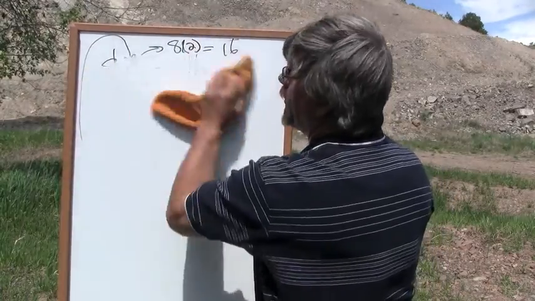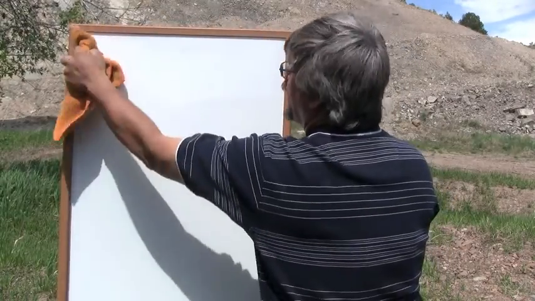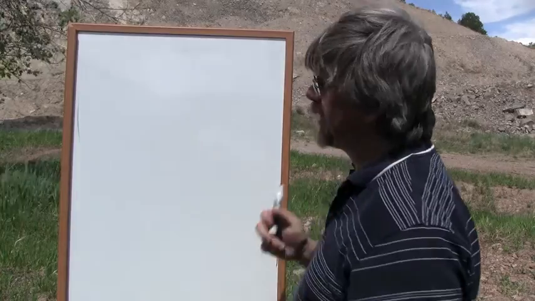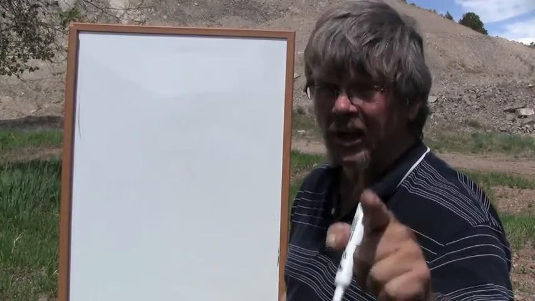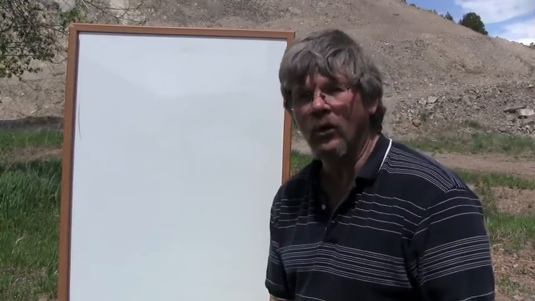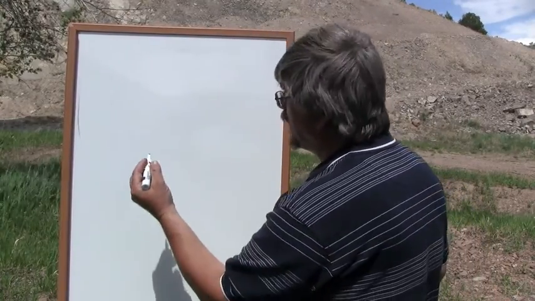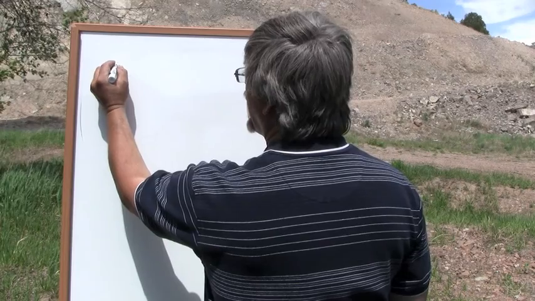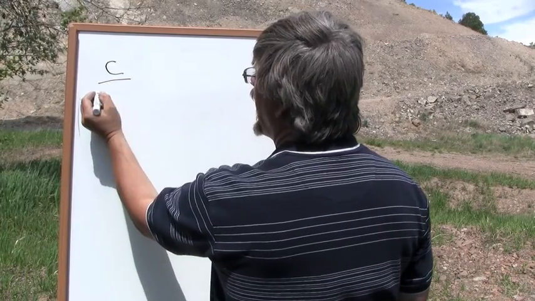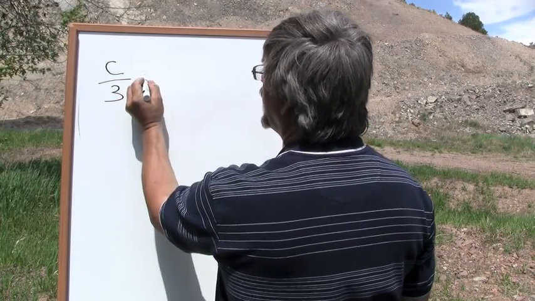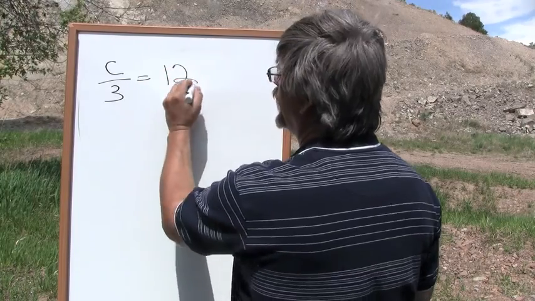This is great. Now what about division? Yeah, all right, smart Alec, you showed us about multiplication, but what about division? That's a lot trickier, isn't it? No, it's not a lot trickier. Don't let the division wipe you out. Let's say we have c divided by 3 equals 12.